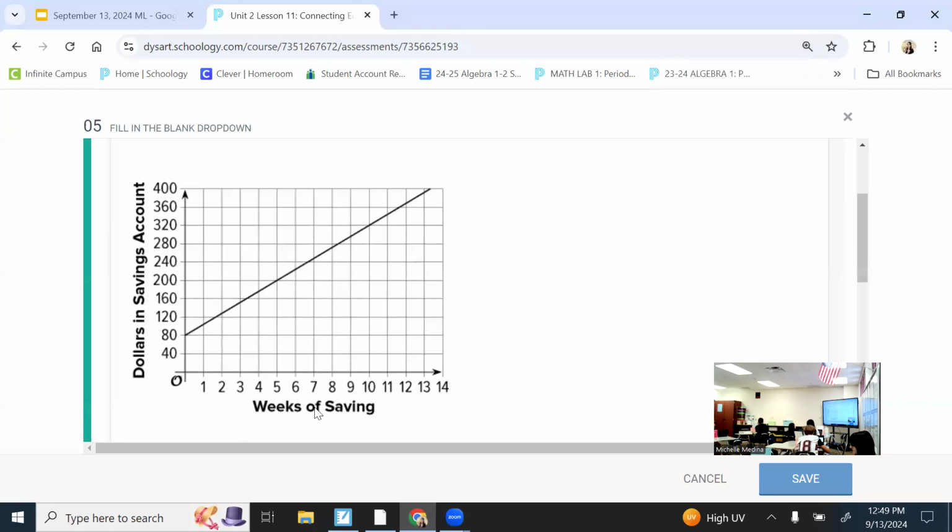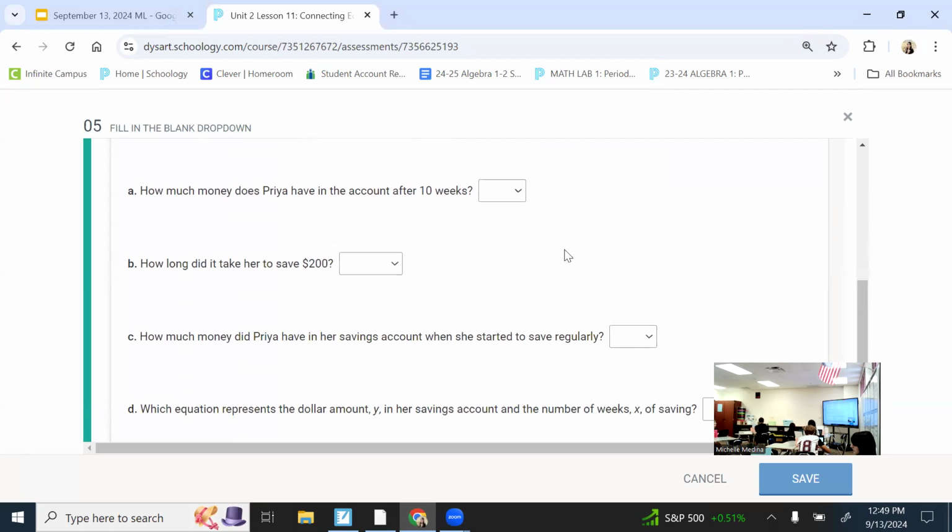And we want to know how much she has after 10 weeks. So I'm going to find 10 on my x-axis. I'm going to see where it touches on the line. And that y value that's there is 320. That's how much she has in her savings at that 10-week mark. So 320.